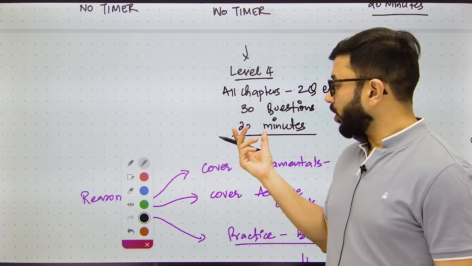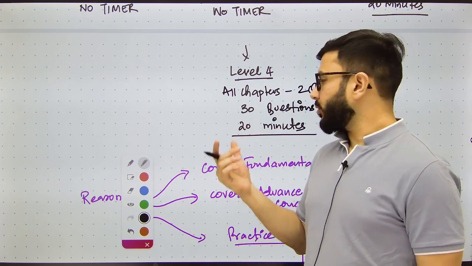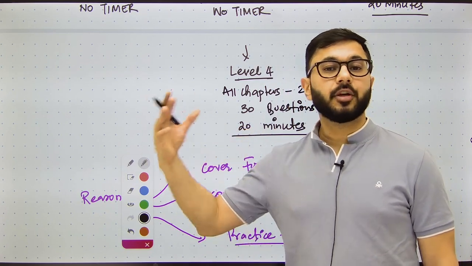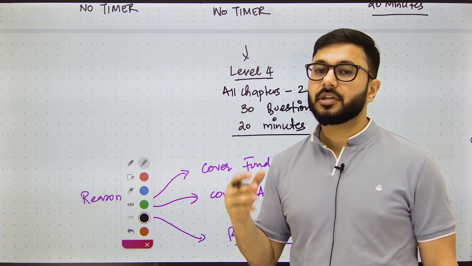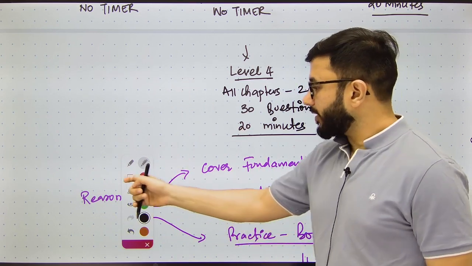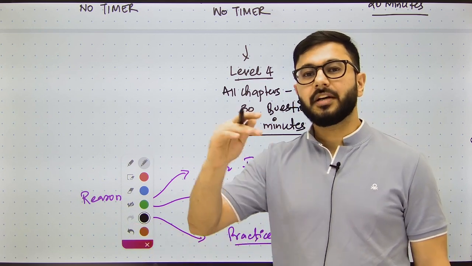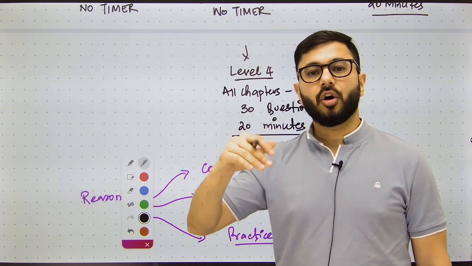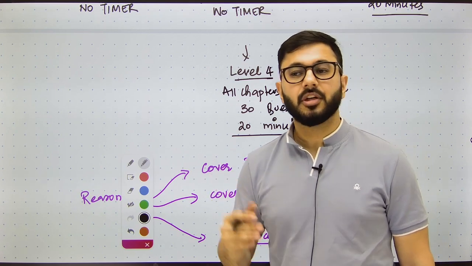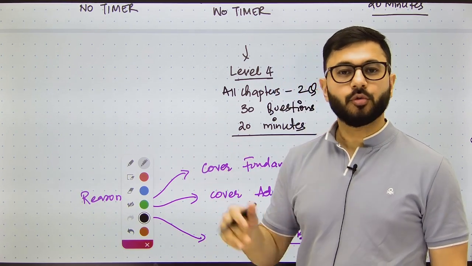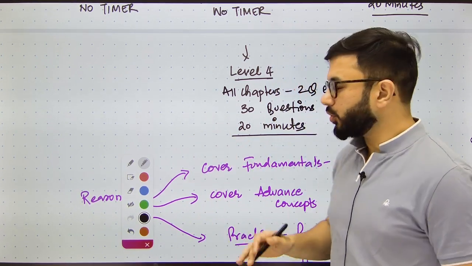If I am able to solve 15 questions, 20 questions in 20 minutes, I will find it very easy to go out there and solve 15 questions in 25 minutes. That is my idea. You always try and train yourself one level ahead of what the actual exam is, so that the exam looks easy. You don't want the exam to look difficult, you want it to look easy to you.